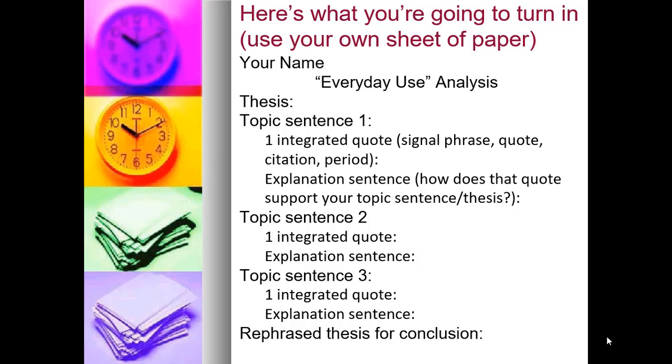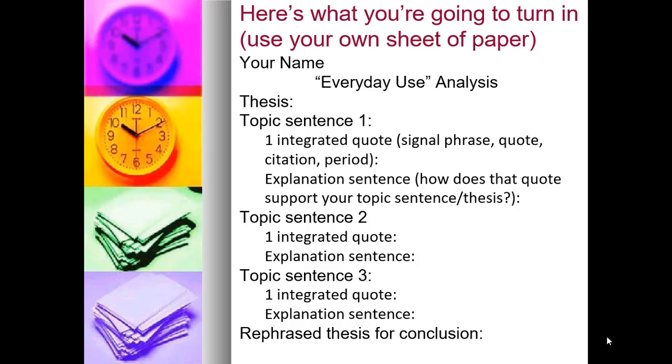Then you're going to repeat the same structure for your other two literary elements. Give me a topic sentence. How is this element related to the theme? Well, how is it important to the work? Give me an integrated quote, signal phrase, quote, citation, period. Give me an explanation sentence. So what? Why this quote? Why is it important? How does it back up your point you're trying to make?